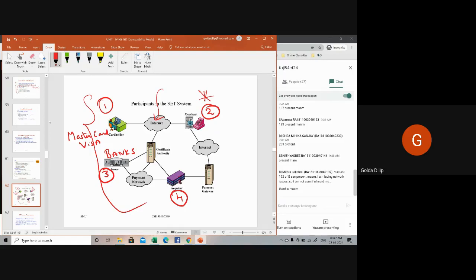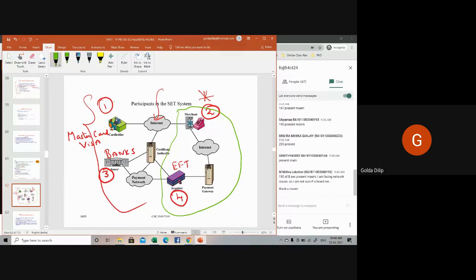The acquirer provides EFT, that is electronic fund transfer, to the merchant's account. So the acquirer is responsible for doing the electronic fund transfer to the merchant's account through the payment gateway. That's what you can see here. This part is being taken care of by the acquirer.